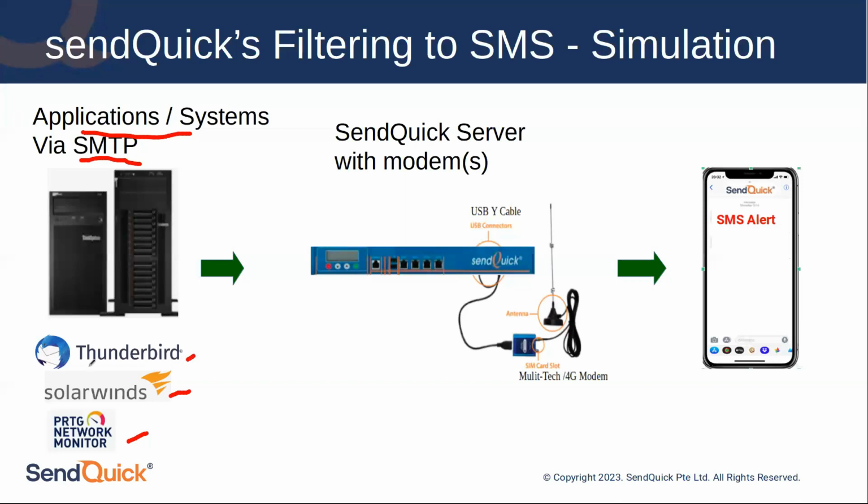For Thunderbird, I will be doing the simulation of sending by SMTP to the SendQuick appliance. Once the SendQuick appliance receives the information, it triggers the SMS through our SendQuick modem here, which sends the SMS to the recipient.